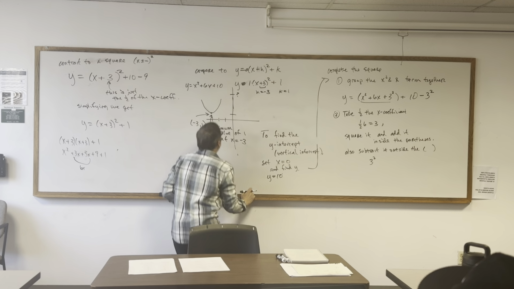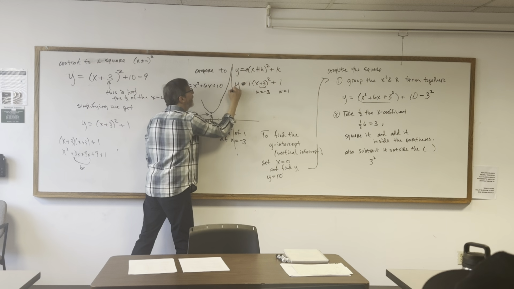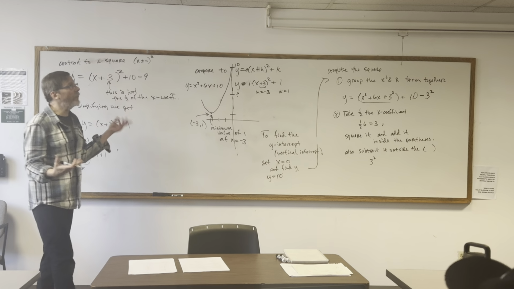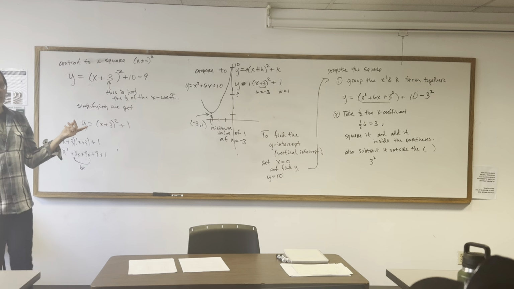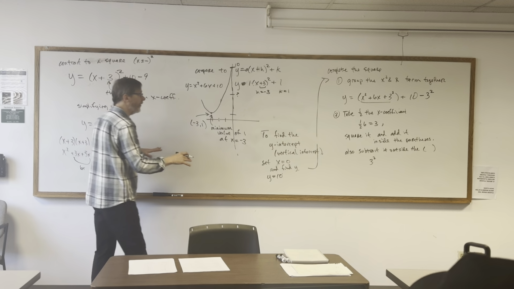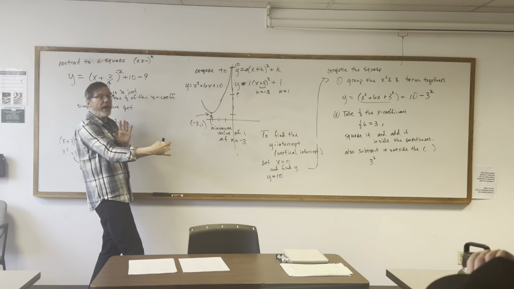That means that this thing intersects the axis way up here at 10. Does this graph touch the x-axis? It does not, so there would not be any x-intercepts. There are no horizontal intercepts. If it opened down, then definitely we could answer that question.